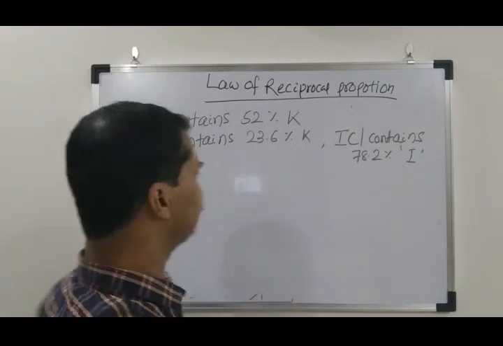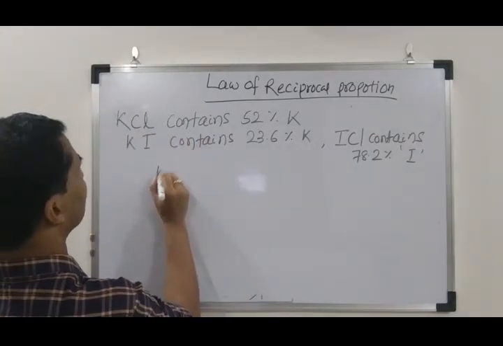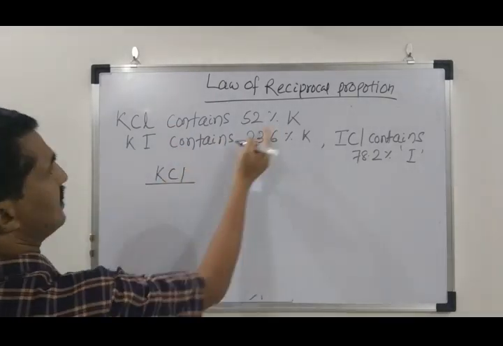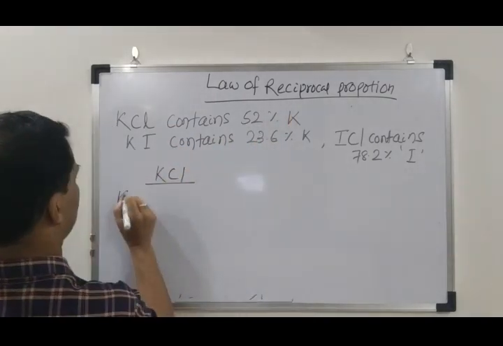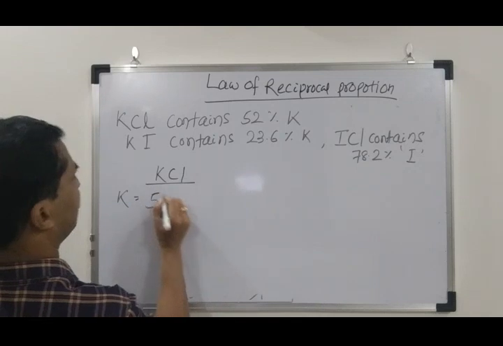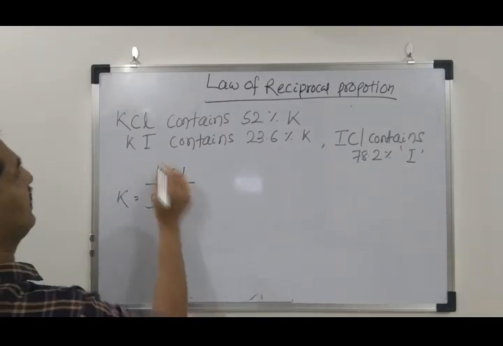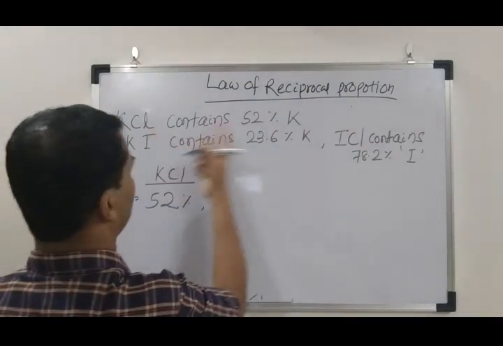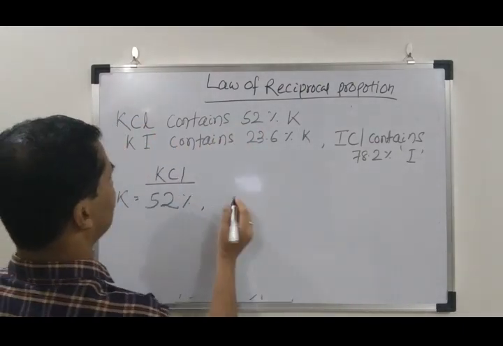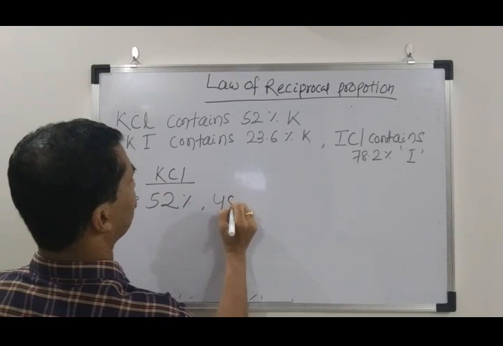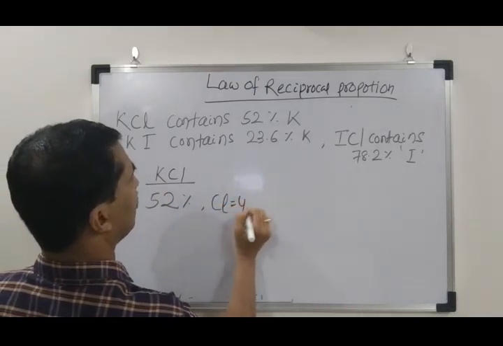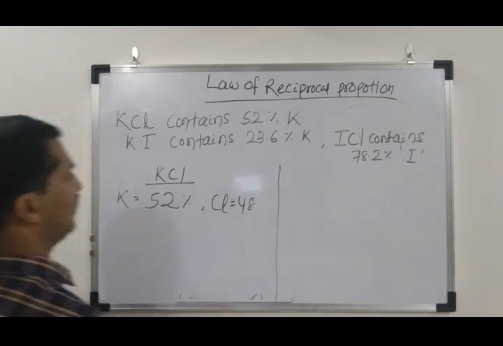So let us see. Here in potassium chloride, the content of potassium is 52%. Then what is the content of chlorine? If I subtract 52 from 100, it will be 48%. So chlorine will be 48. Okay.